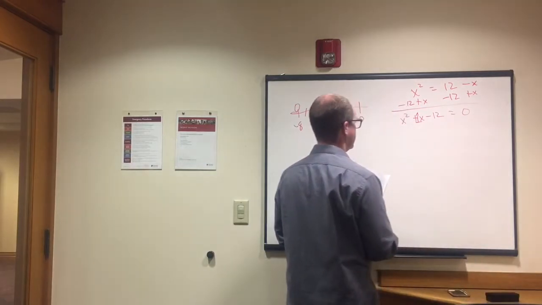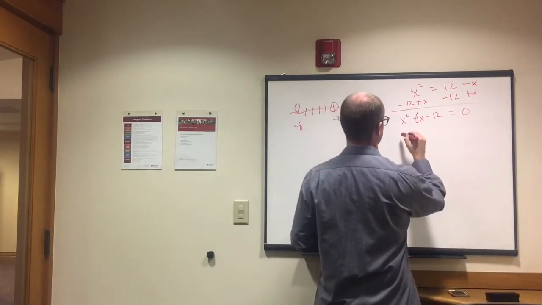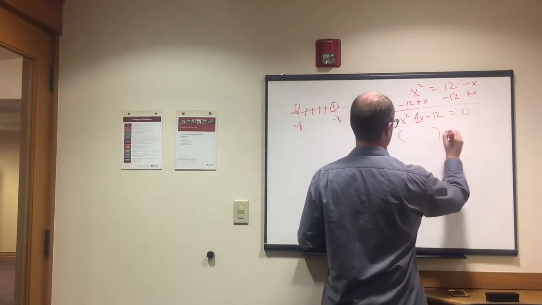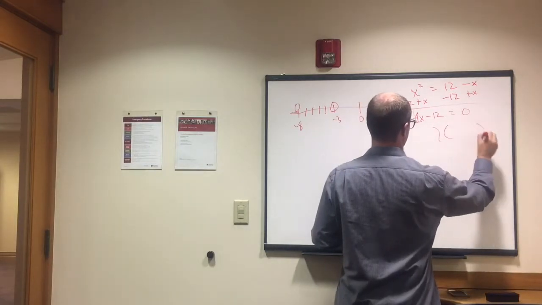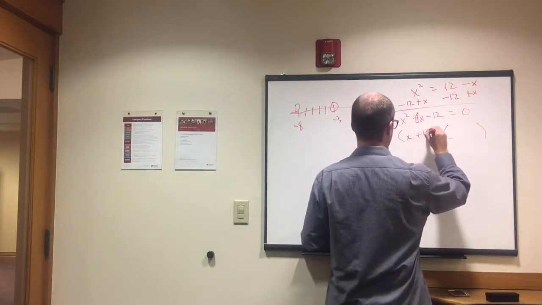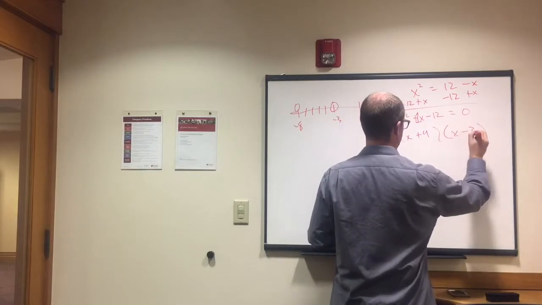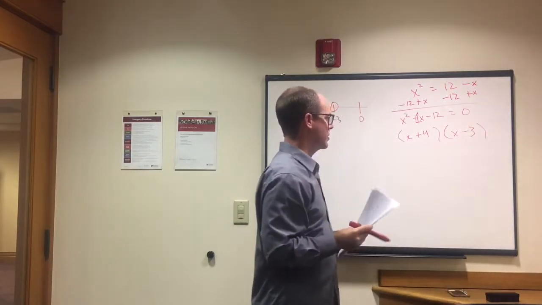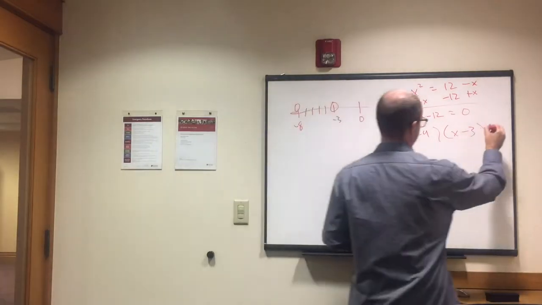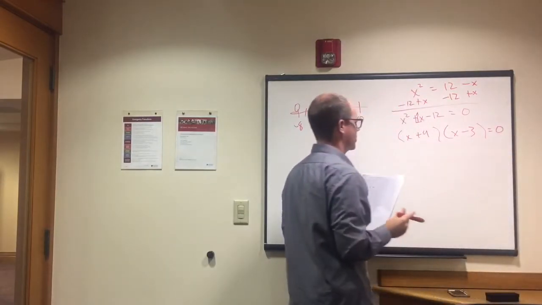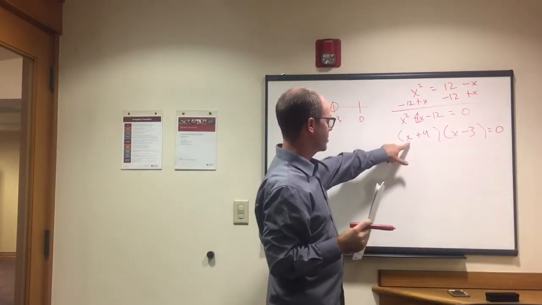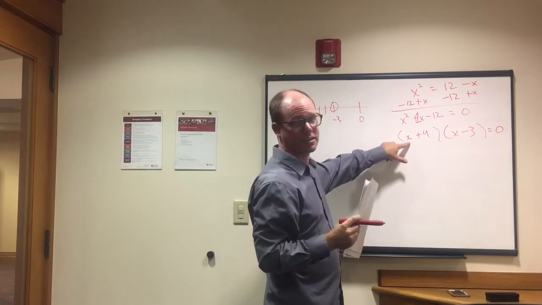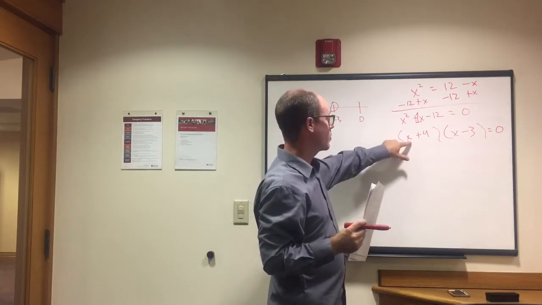Okay. Whoops, erased too much. We had x plus 4 times x minus 3. Okay, so now all that's left equals 0. All that's left is to plug in, right? So for this one, to get it to equal 0, negative 4.